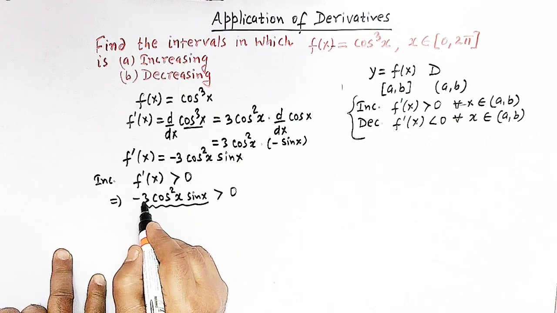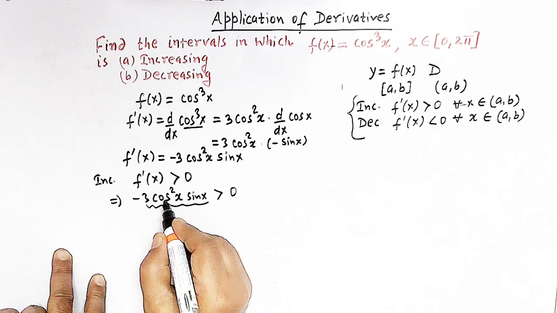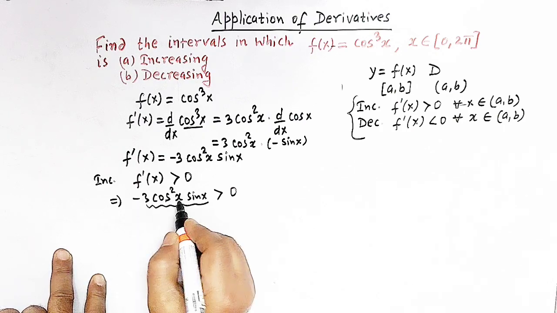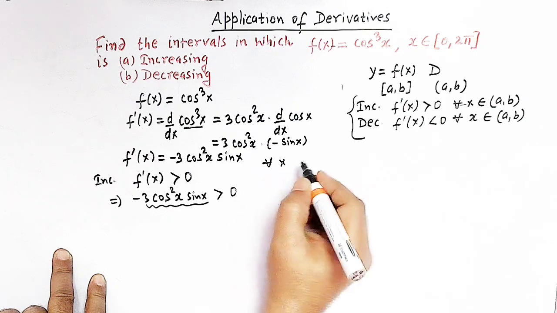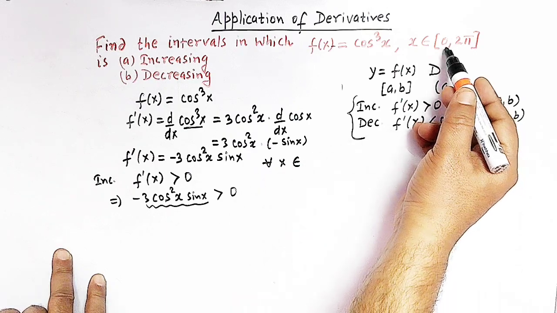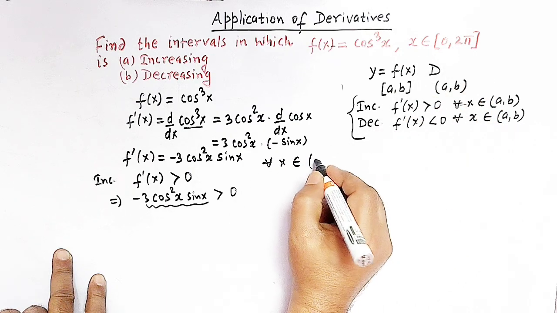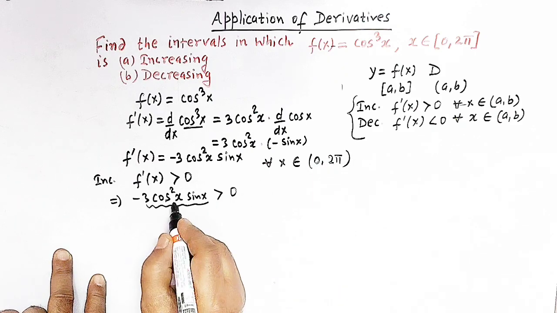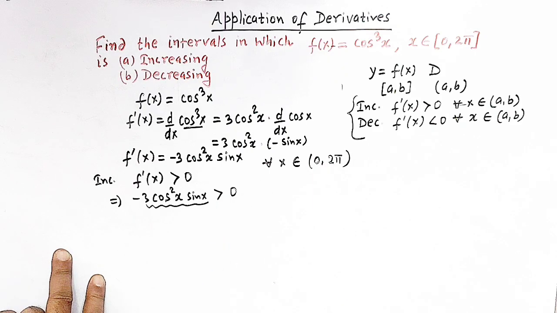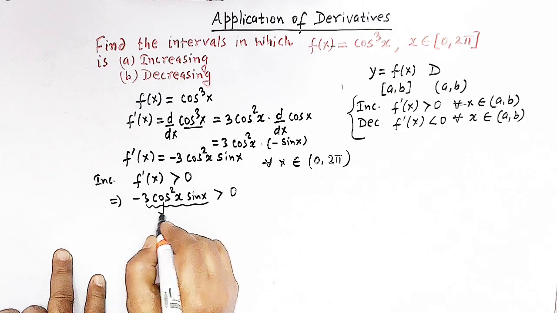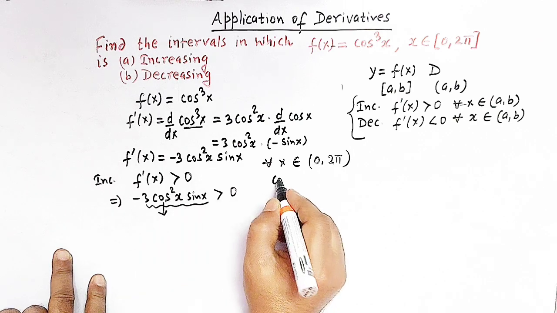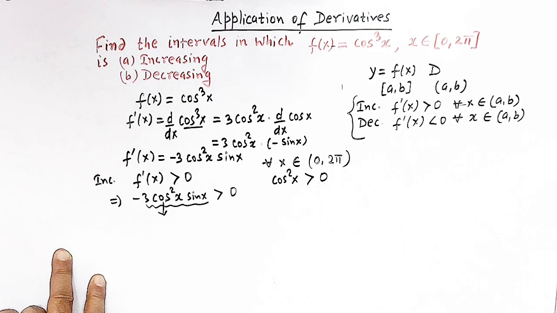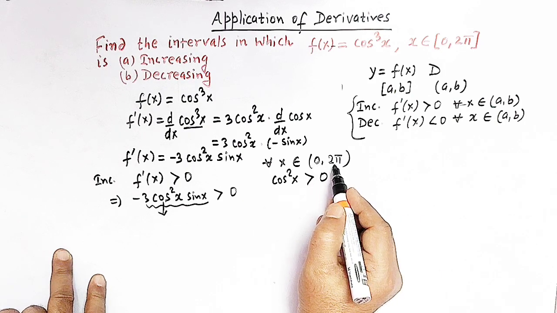Here we have a negative sign, and here we have cos square x. And for all x belonging to this interval, 0 to 2 pi, cos square x is going to be positive. So here cosine square x is always greater than 0 in this interval.